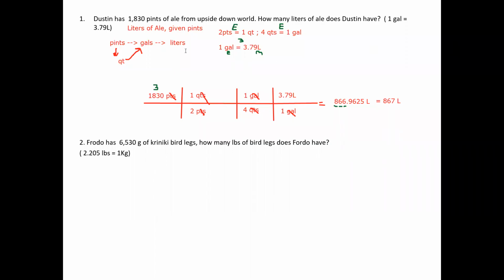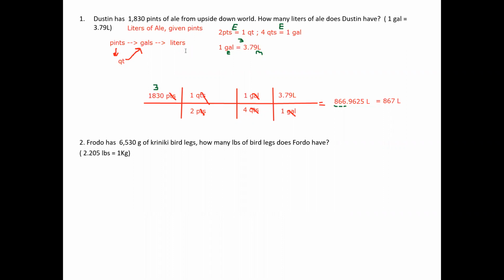So here in Middle Earth, Frodo has 6,530 grams of Kreniki bird legs. How many pounds of bird legs does Frodo have? And it's given us the equality, 2.205 pounds is 1 kilogram. And by the way, Kreniki birds are actually in Middle Earth.